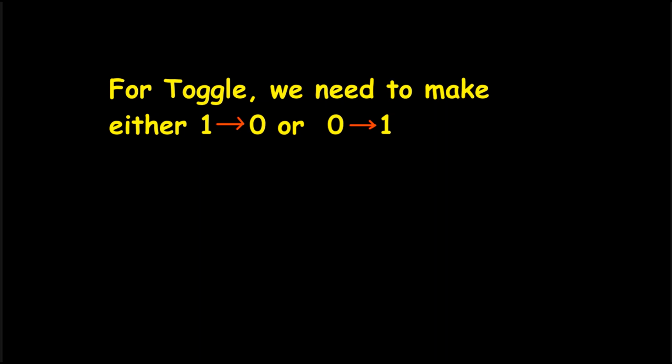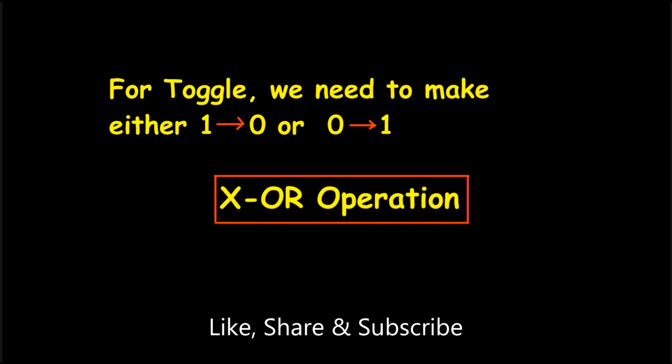For toggle, we need to make either 1 to 0 or 0 to 1, which can easily be done with the help of the XOR operation. XOR operation means the XOR of the same bits makes 0 and the XOR of different bits makes 1.